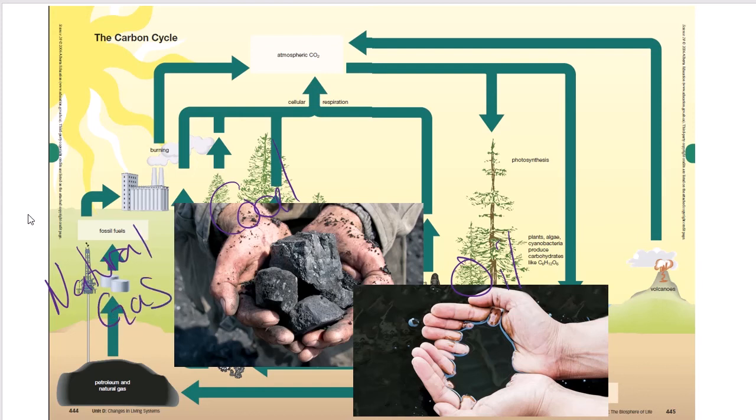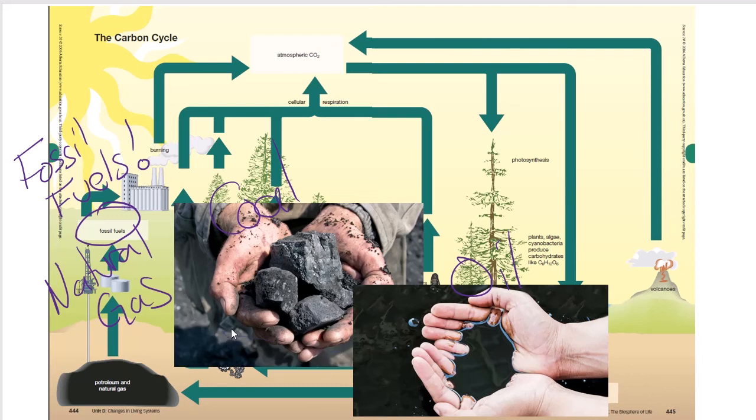And these, of course, are fossil fuels. And the fossil fuels are just rearranged carbon from millions of years ago, from plant material. Mostly it's from aquatic plants. And they're not really plants, but like algae and plankton and stuff like that.